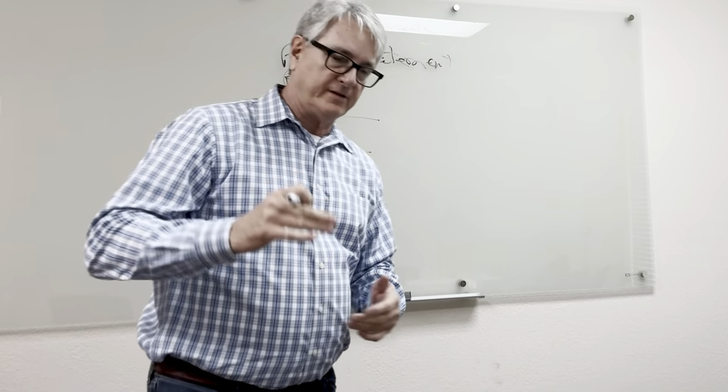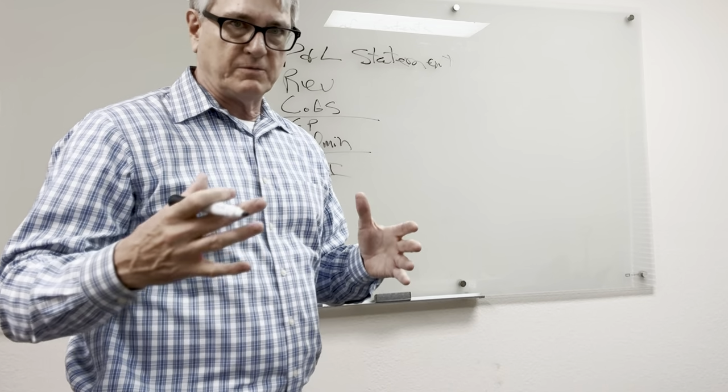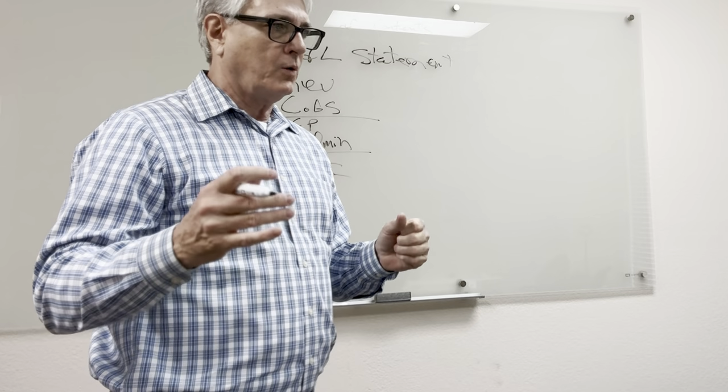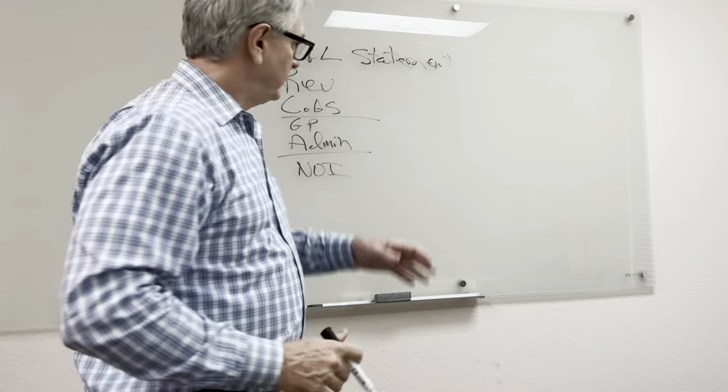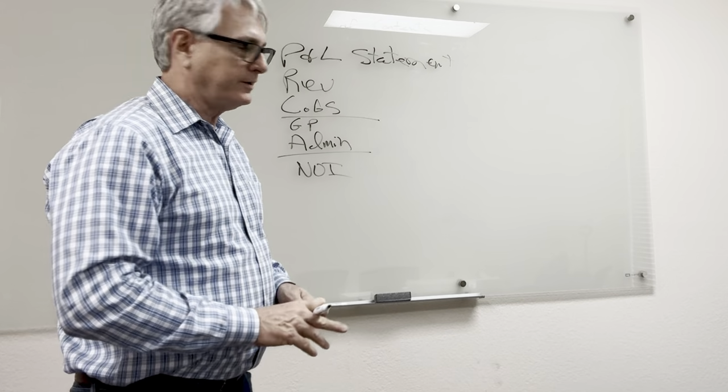So having a clean set of books and having things categorized and organized within your chart of accounts, you're going to be able to have some real clarity with putting all this together.